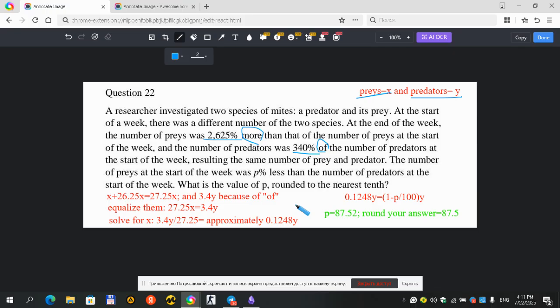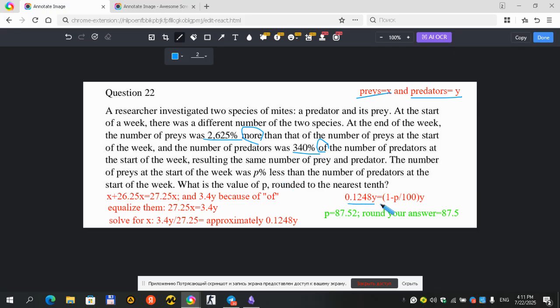So from here, we just use the simple percentage formula to find p, because at the start of the week we were given two numbers of predators and prey, which had a difference of p%. So in order to find that p%, we're just using a simple percentage formula.